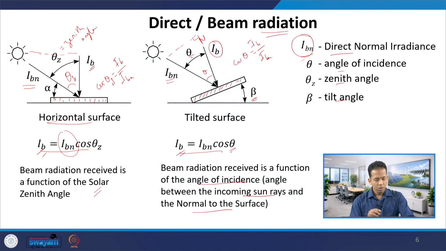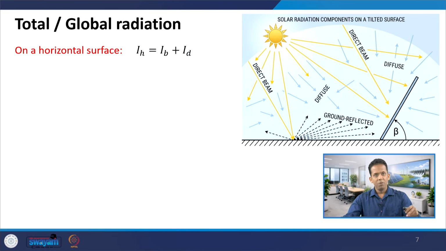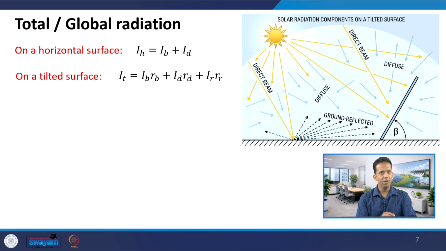Now, there is something called the tilt factor, which correlates the different types of radiation received on different types of surfaces. Before that, let us see how we calculate total global solar radiation on a horizontal surface and on a tilted surface. For a horizontal surface, it is just beam plus diffuse: you have direct beam radiation and some diffuse radiation, but no reflected radiation coming onto this surface.